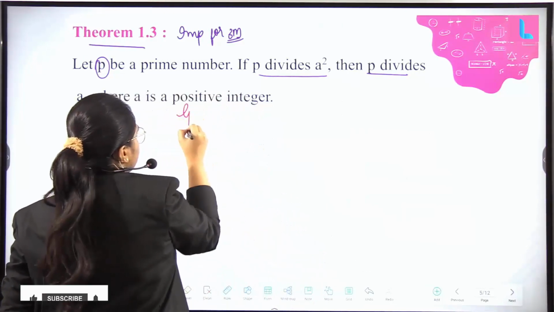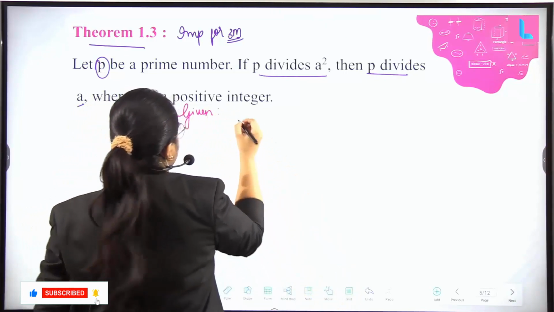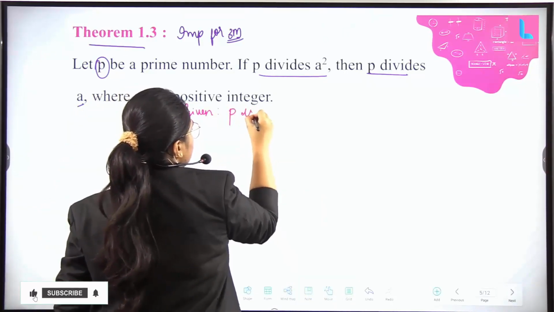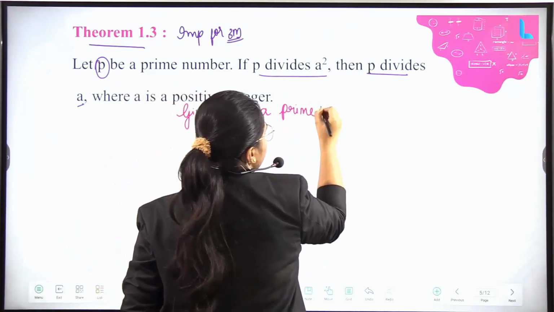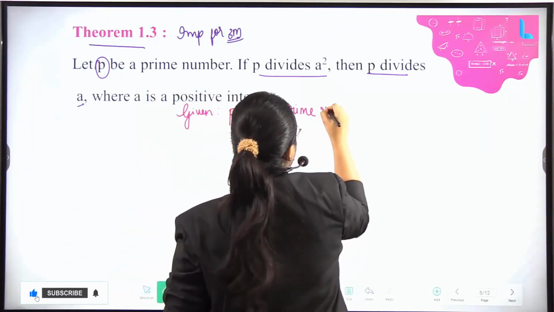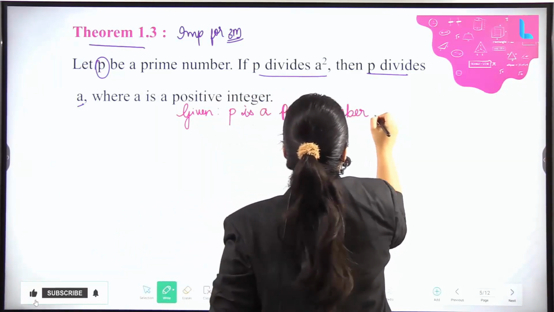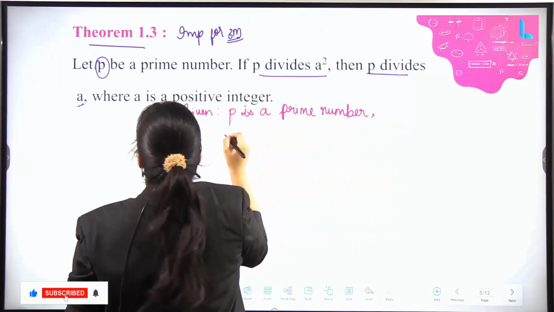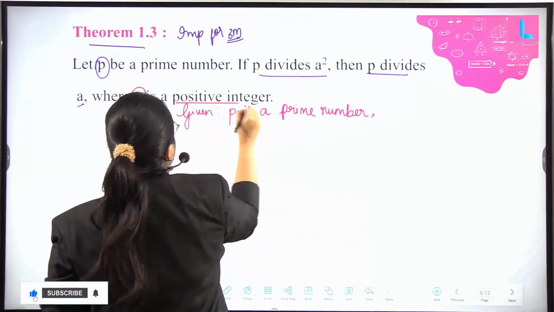So what is given? Given is that P is a prime number and A is a positive integer.